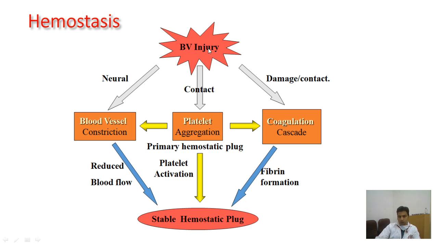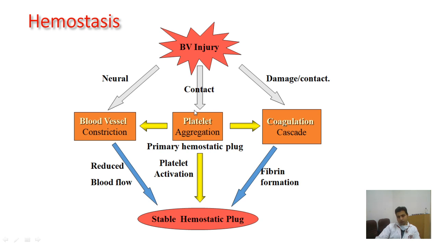This is something which you have been taught even in your first year. Once there's blood vessel injury, factors such as serotonin and thromboxane are released, which are the neural factors that lead to blood vessel constriction, and temporarily lead to a reduced blood flow.